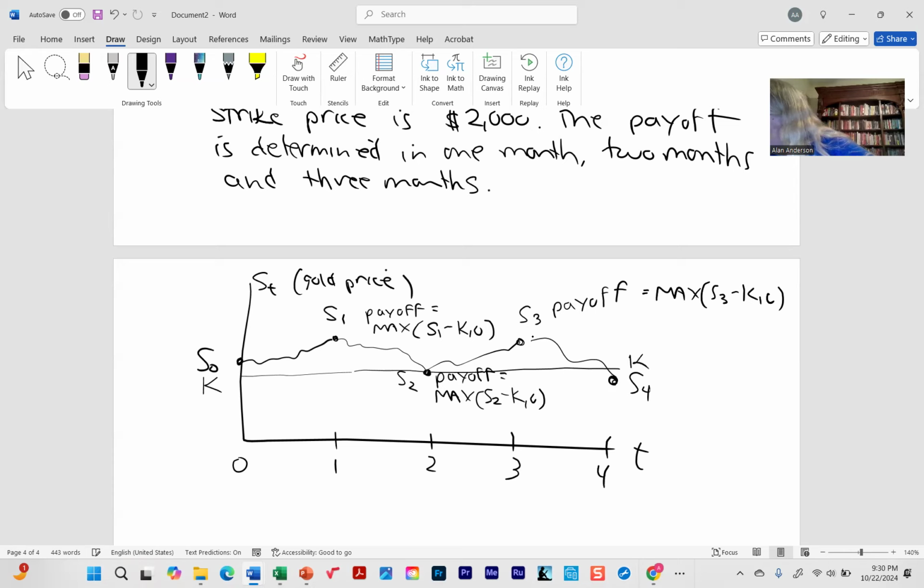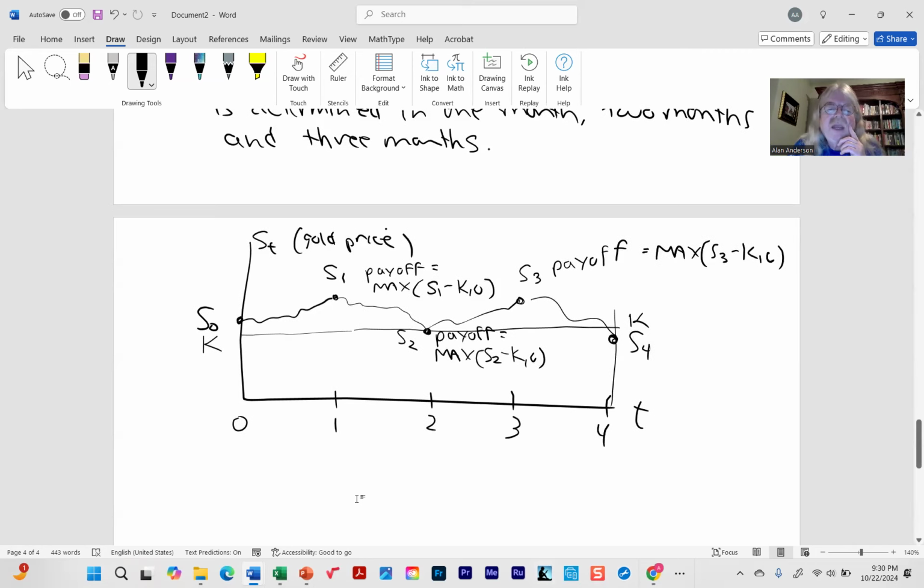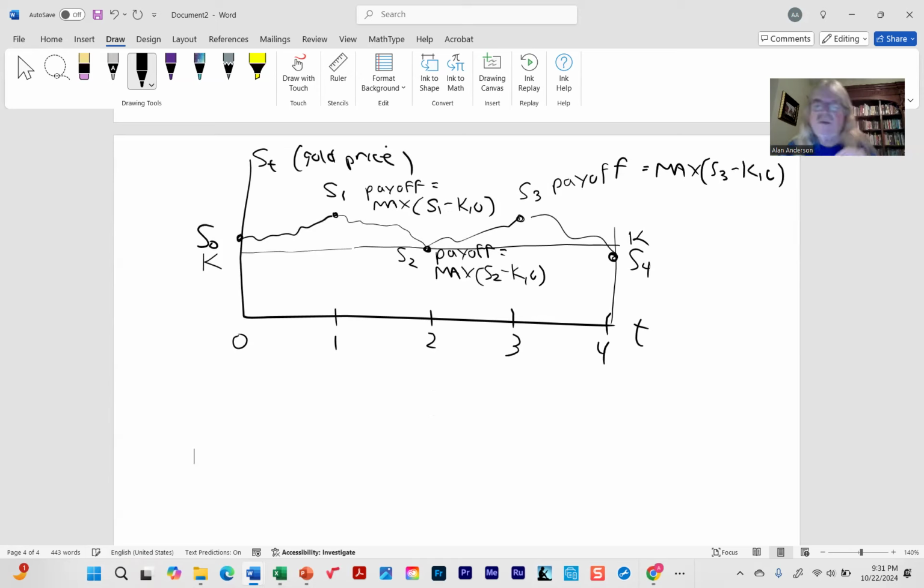Now you notice on the final day of trading, the gold price is actually under the strike price. So if this had been a European call option, it would expire out of the money. It would be worthless. But here it doesn't matter because what's going to happen is the payoff at time 4, actually I'll need a lot more room than that.